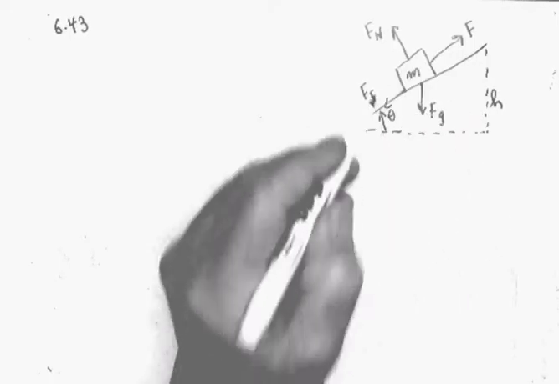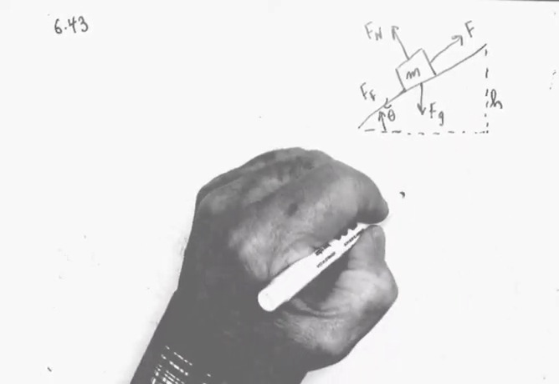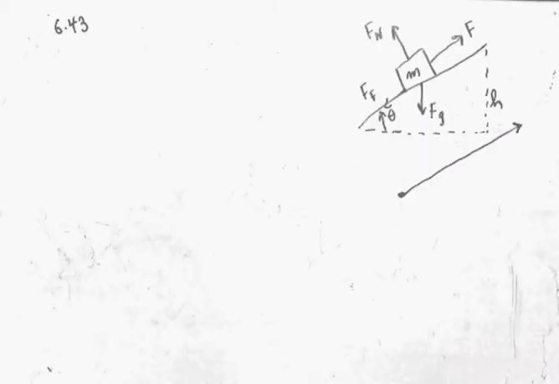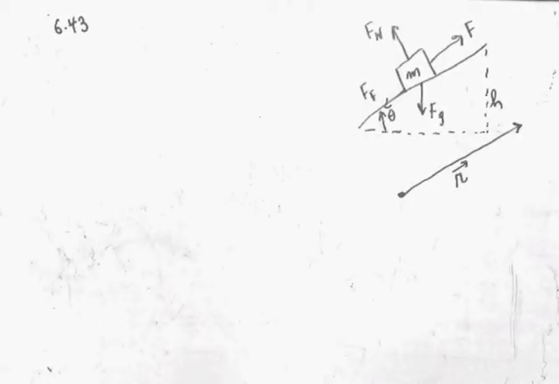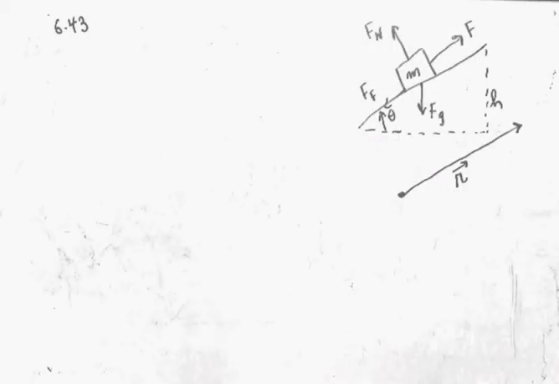Now, for calculating the work, which is defined in terms of the force applied and the displacement vector through which this constant force is applied, that's going to be denoted as the vector R. So this force right here will have a displacement of R as it goes from the bottom to the top up here.